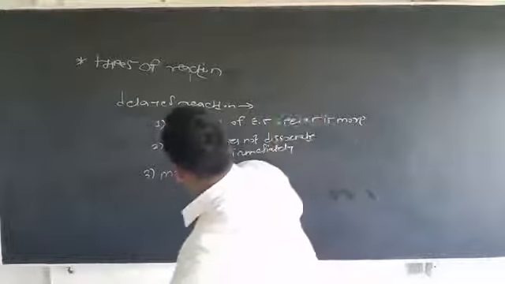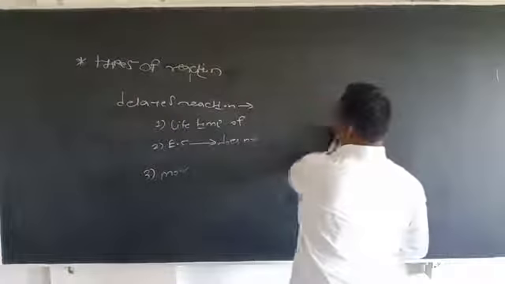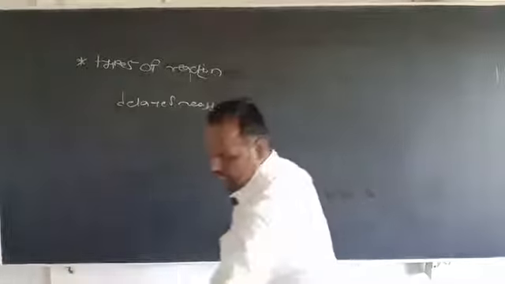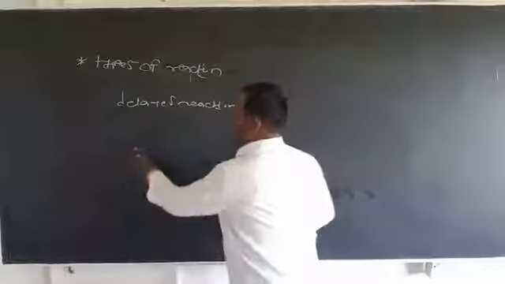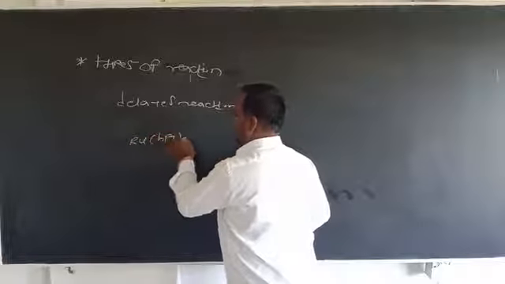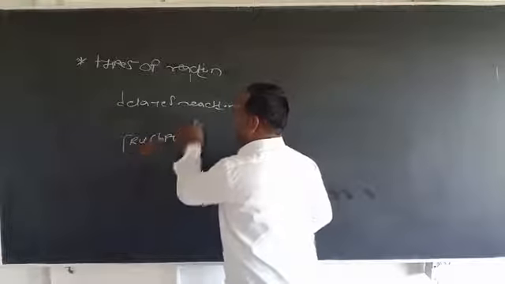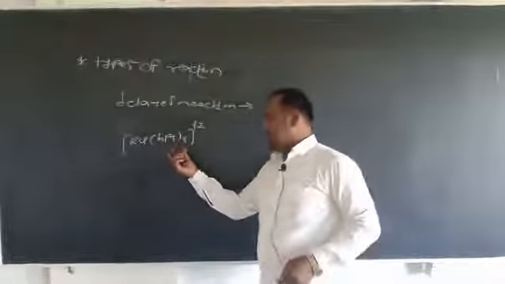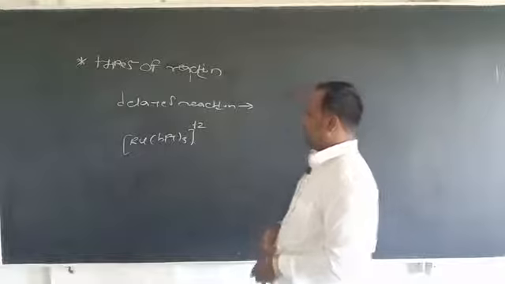Let us see the example of this delayed reaction. The example is the ruthenium complex, Ru(bipyridyl)3, in +2, because bipyridyl is a neutral ligand, so ruthenium is +2.